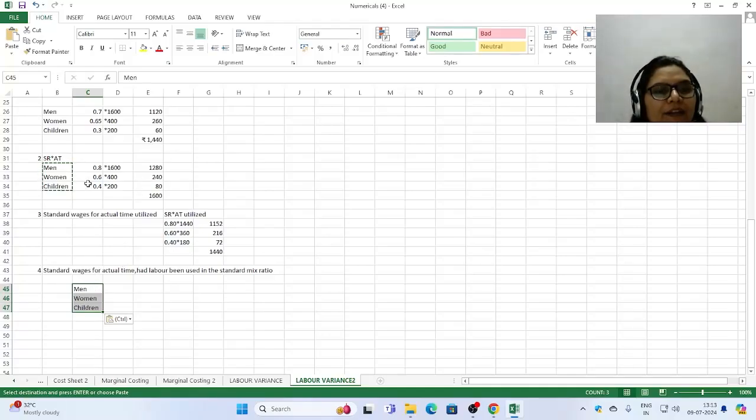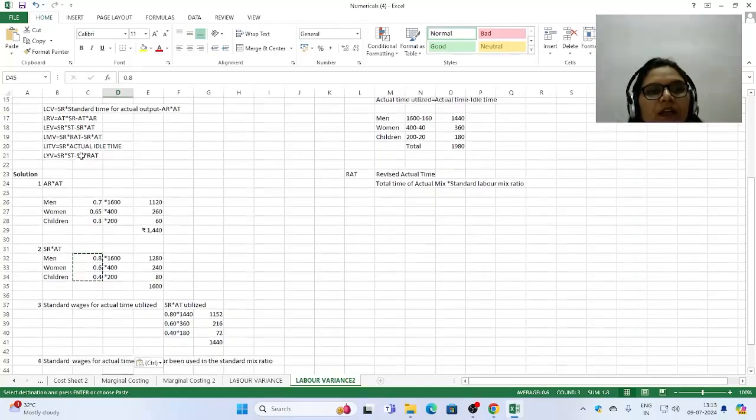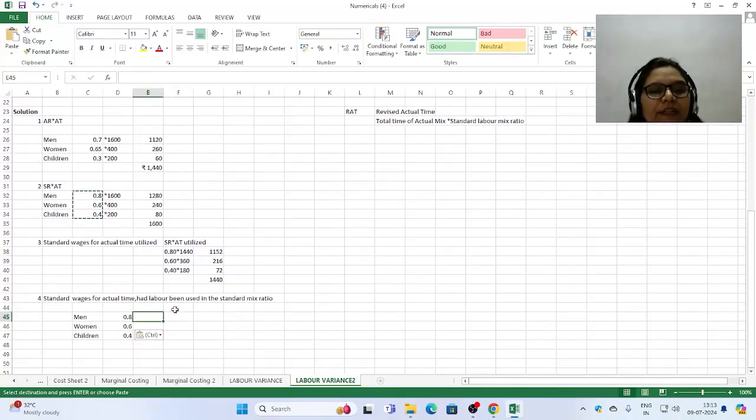We know standard rate, we will copy it as it is, because when we are calculating labor mix variance, we have to multiply this particular standard rate with revised actual time.